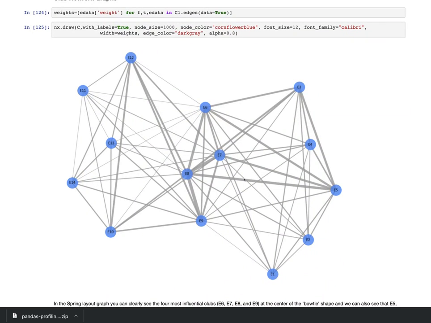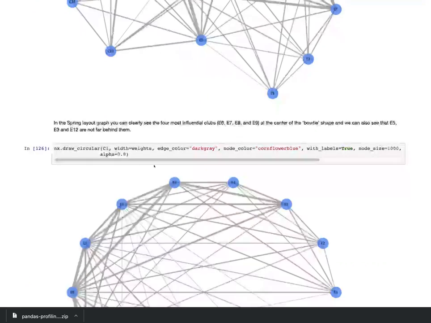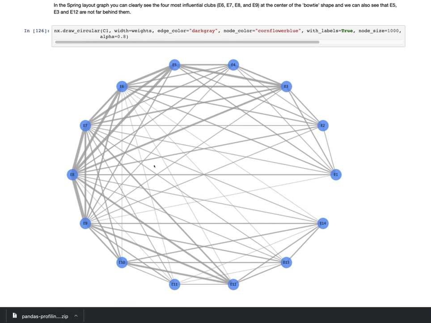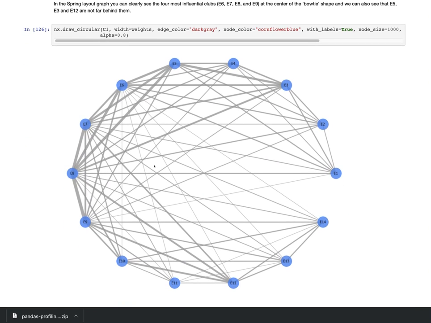We graphed the clubs, and again you can see the 4 top most influential clubs in the middle of the sort of bow tie shape, but you can also see E3, E5, and E12 have a lot of heavily weighted edges connecting them as well. And again, we did circular layout to see what other insight we could gain from that.